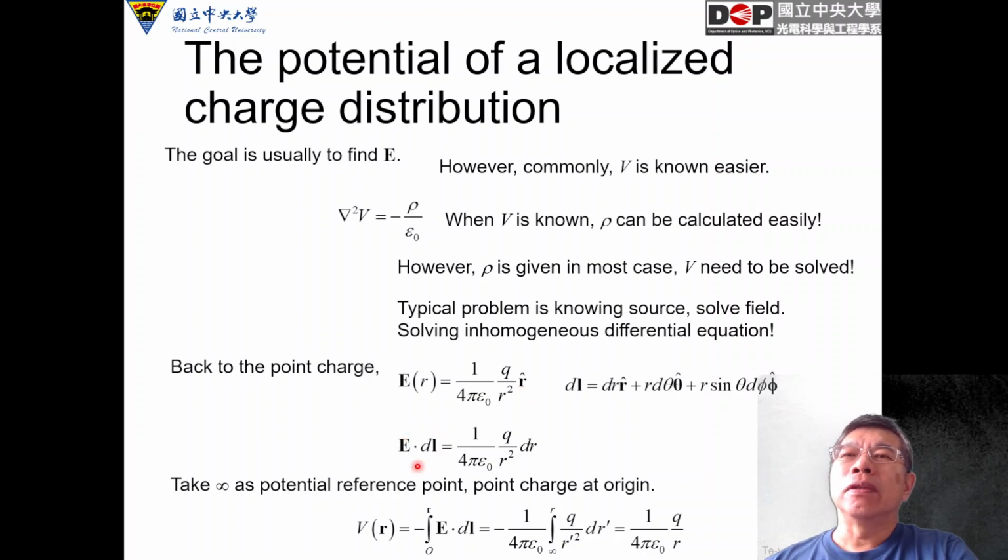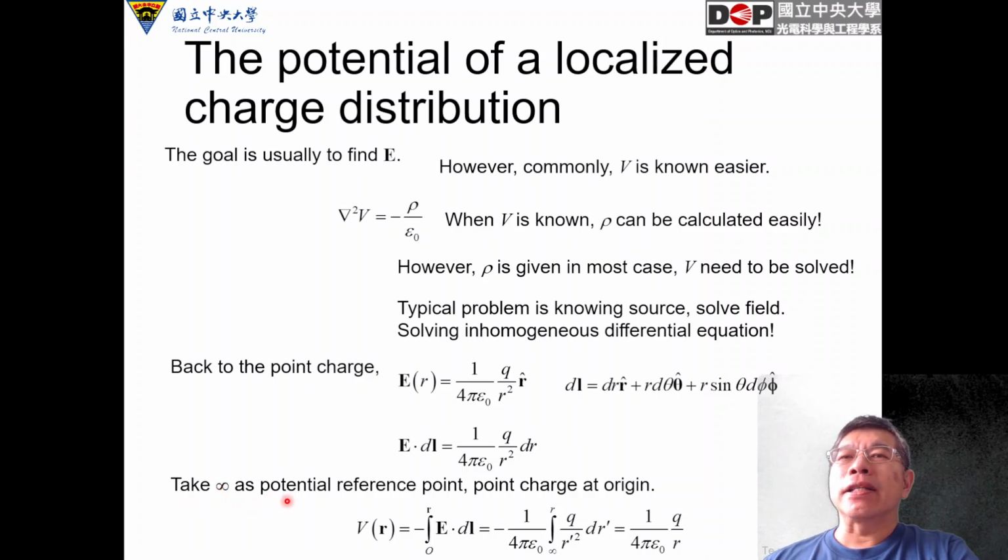Now, because we would like to know the electric potential, we use the electric field, taking the path integral. So E dot dl, the path integral, will be something like this. Since the electric field is only along the radial direction, we just directly replace dl with dr. That's it.